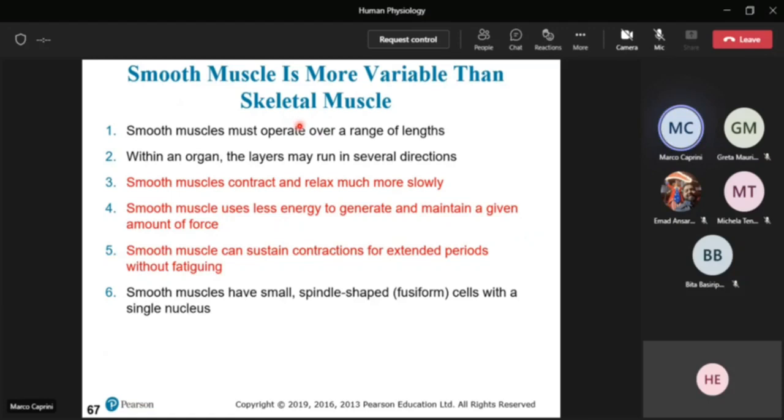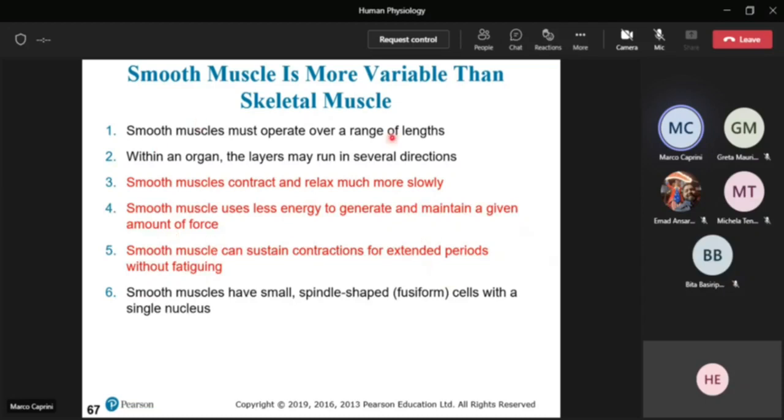Again, another question could be: tell me the molecular, structural, and functional differences between a skeletal muscle and a smooth muscle. Okay, for example. And in the next two slides, we can see other structural and functional differences comparing the two muscles.